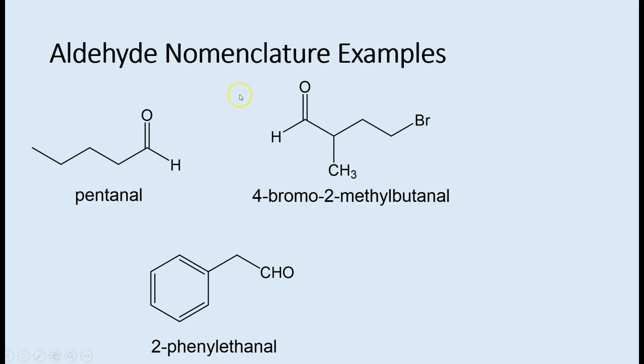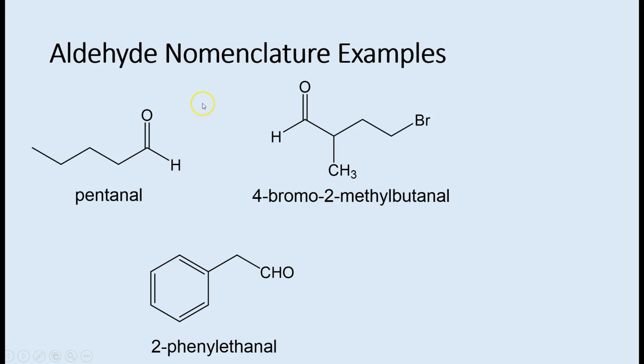And so, for example, here is this aldehyde, which has 5 carbons, 1, 2, 3, 4, 5. Therefore, it is called pentanal. So that's a simple example of an aldehyde that doesn't have any substituents. It's simply a carbon chain with an aldehyde on the end.